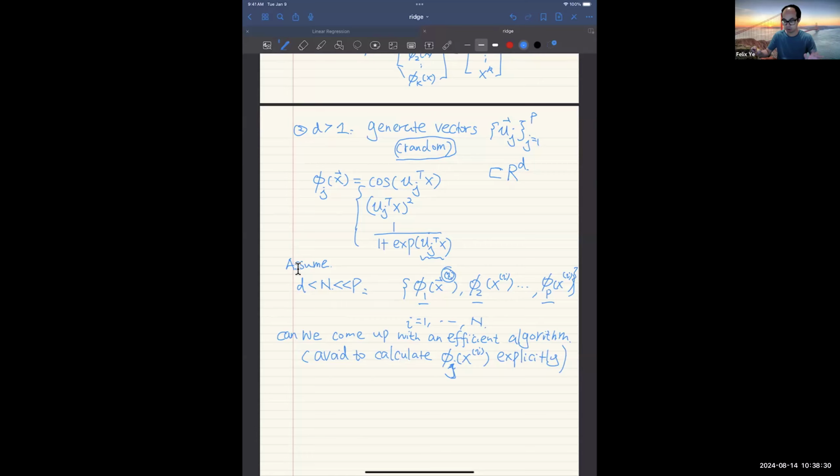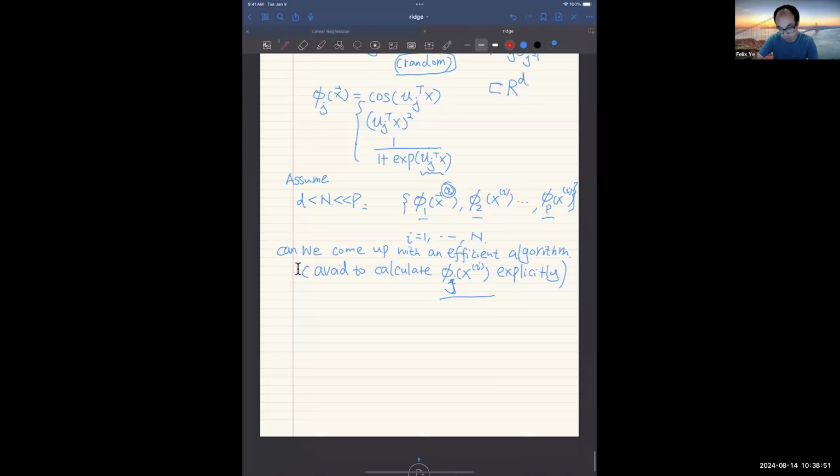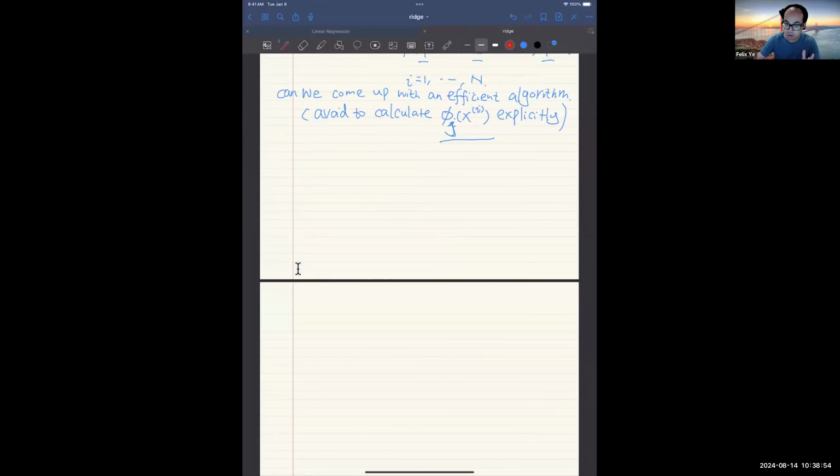So I don't want to write down this whole thing or do any specific calculation for this phi_j of x_i explicitly. Every time I want to write things out like this, it will be memory intensive and computationally expensive. So how to approach this? This actually needs some fundamental tricks in machine learning. It's called kernel.